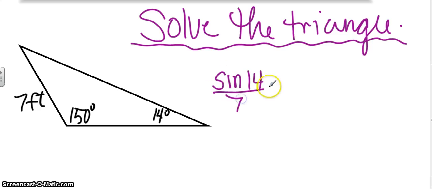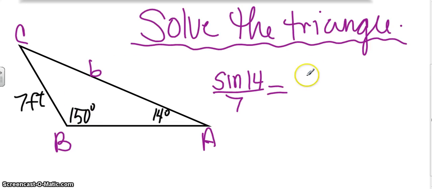Sine 14 over 7 is equal to, and I'm going to try to find this side here, and I'll label this. So sine A would be sine of 14 over 7 is equal to sine 150 over B. And I'm definitely going to use a calculator on this.